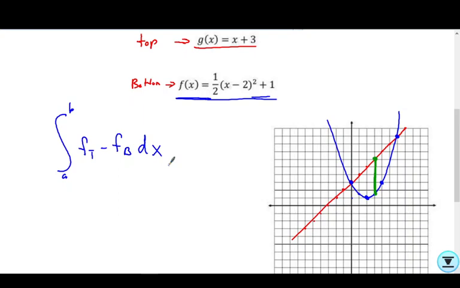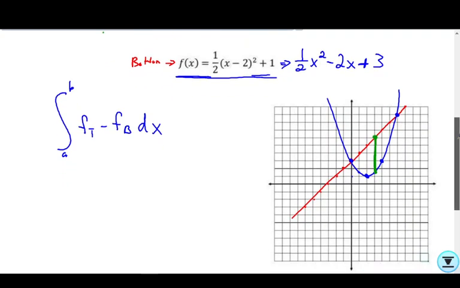Now, to make things easier, you should probably FOIL out this function, f of x. And when you do that, you get 1/2 x squared minus 2x plus 3. Okay?